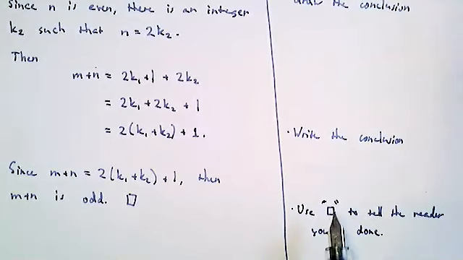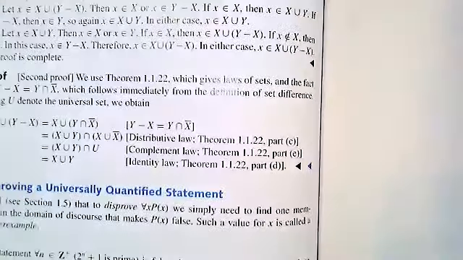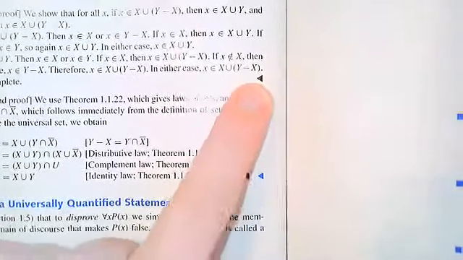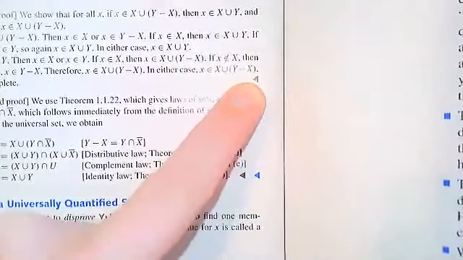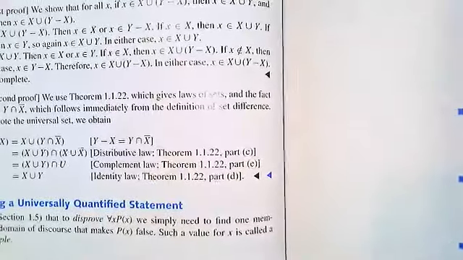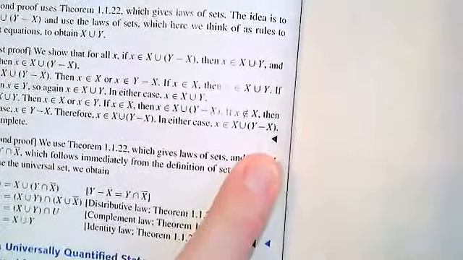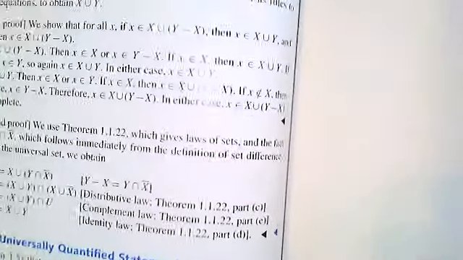You could also fill in your square to represent that you're done with your proof. And in your textbook, they use a different symbol. They use a triangle because they use squares as bullet points. So they use something different for their end of proof symbol.